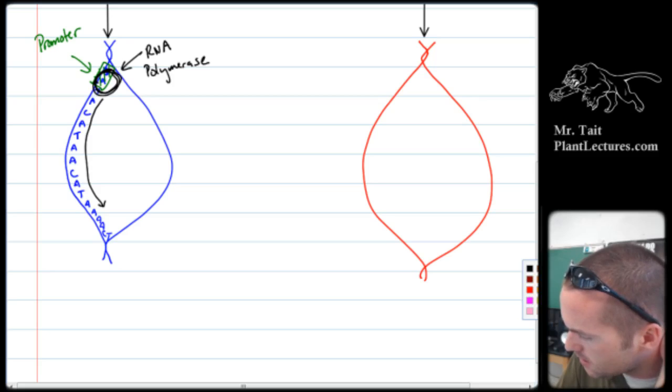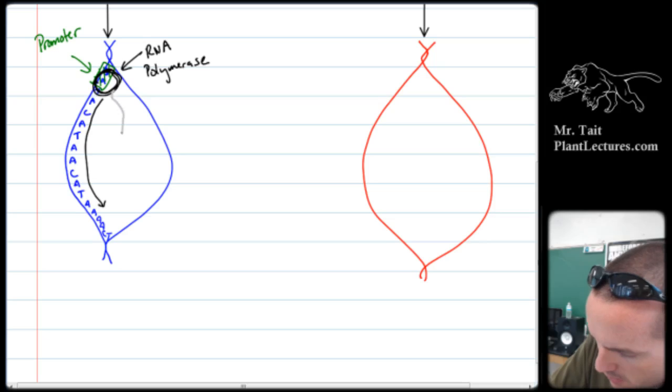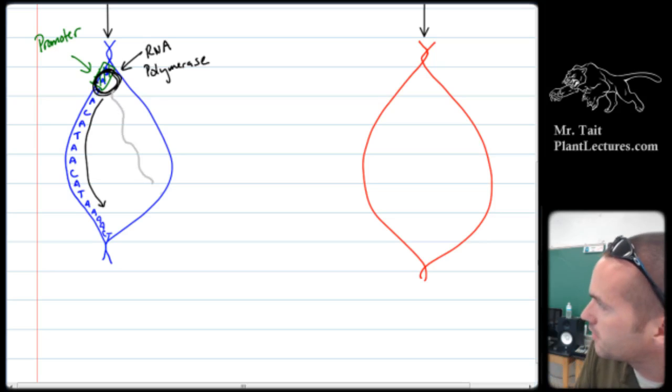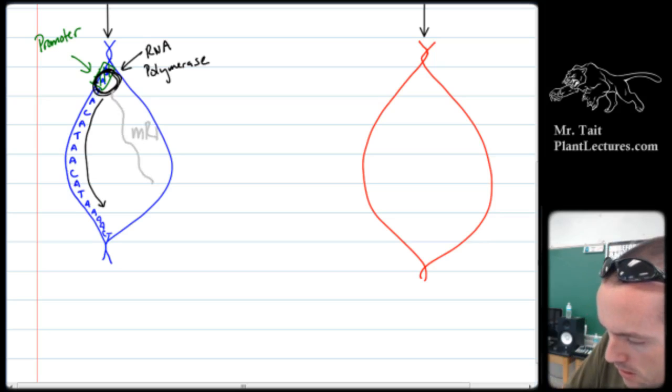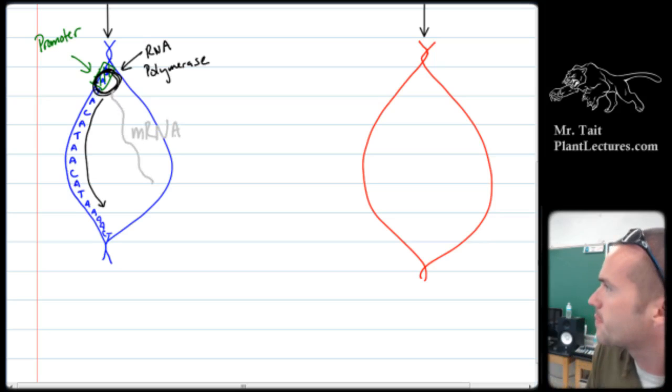So here is my sequence of RNA. Let's do it in gray or something. So the RNA comes out of there, right? And that is mRNA. Okay, and it's going to make a chain of mRNA as it moves down there. That's the whole job of RNA polymerase, right?